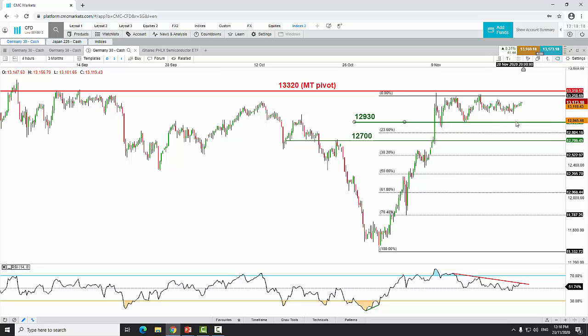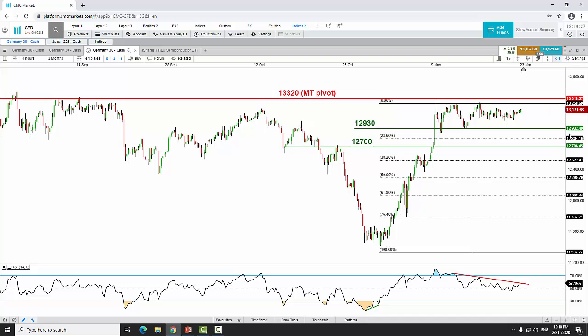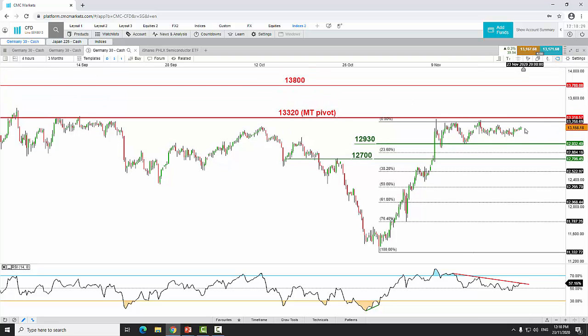Unless we see a 4-hour close below 12,930, which could take us down to a further setback towards the 12,700 level. But if we see a daily close above 13,320, it will invalidate this setback scenario, and we could see a further push up to retest the current all-time high level at 13,800.